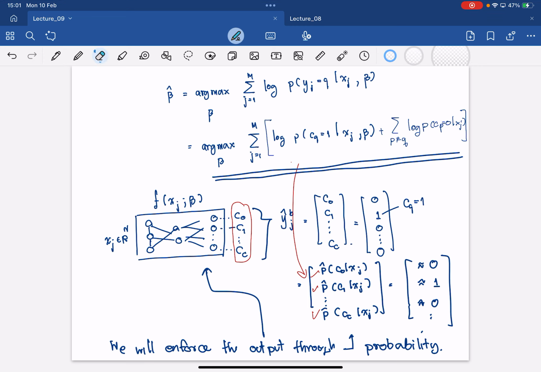But what does that mean when we combine that with a machine learning or deep learning system? That means we have input vector x, and we feed it into this neural network. Then we get the output vector that is a one hot binary vector. Let's say each coefficient of it is represented with C0, C1, up until CC.